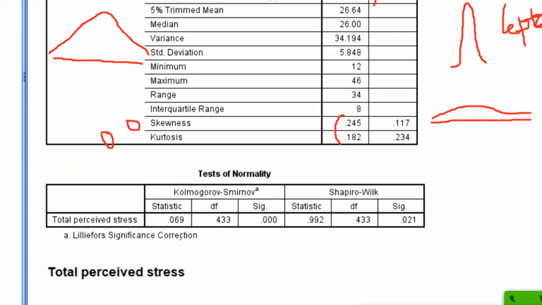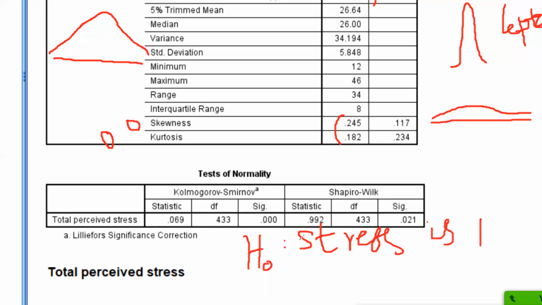In this case, our null hypothesis, H naught, is that the column of stress is normally distributed. Stress data is normal. This is the null hypothesis.